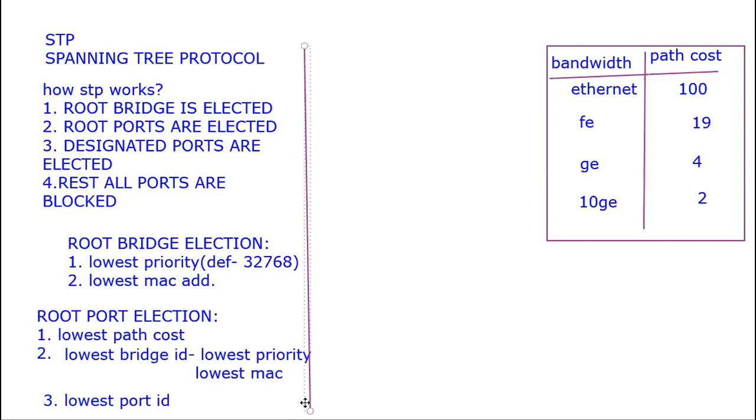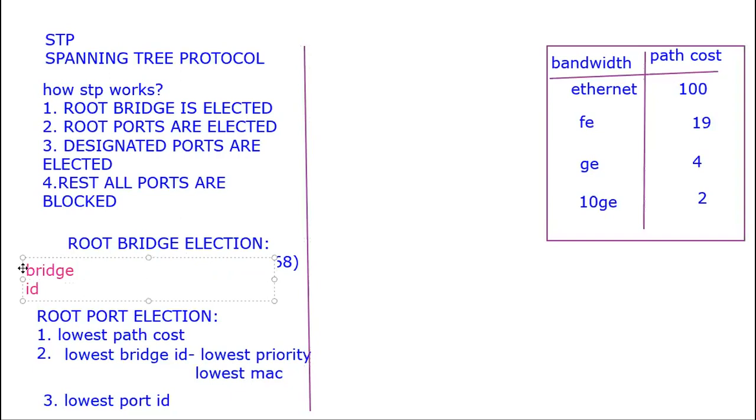Root bridge election is done on the basis of lowest priority, lowest MAC address. This combination of priority and MAC address is called bridge ID.